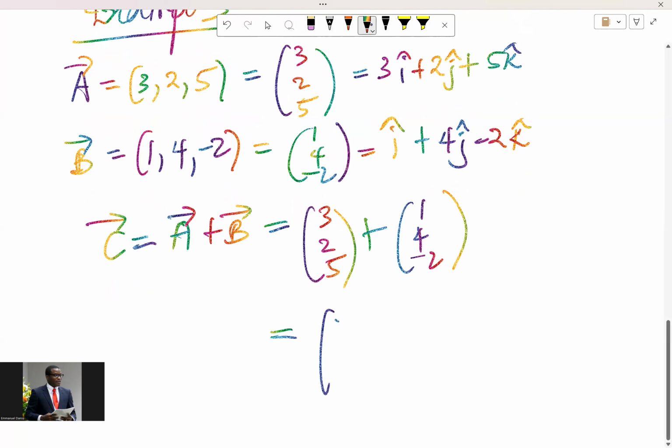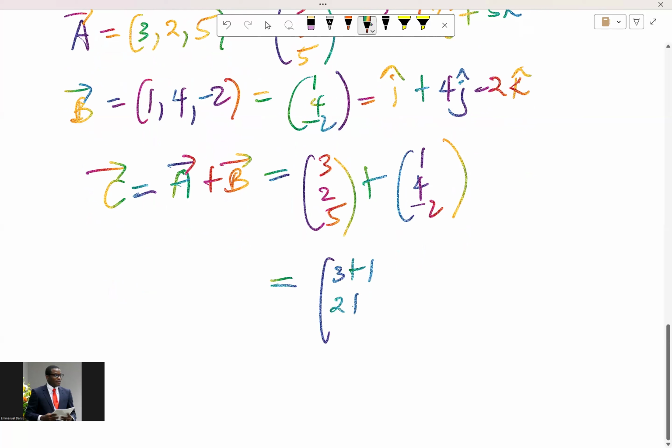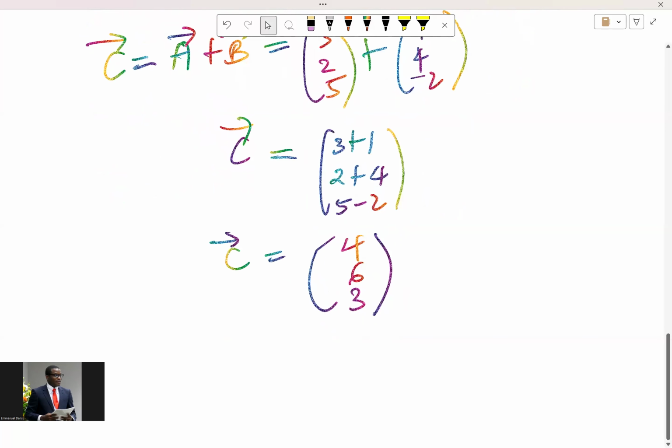So that would be 3 plus 1, then 2 plus 4, and 5 plus minus 2, plus and minus is minus, so that's 5 minus 2. Then your C is (4, 6, 3).